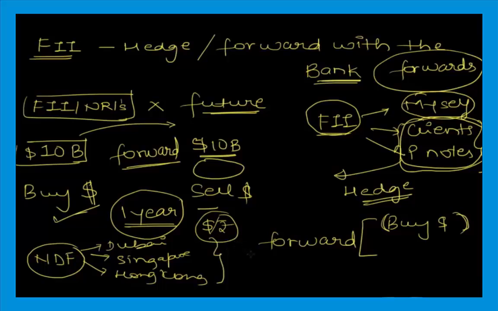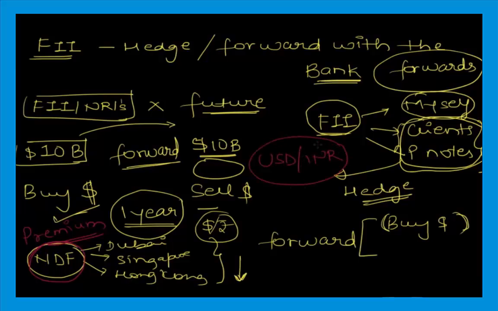Now, because rupee has been depreciating so much, you always had the non-deliverable forward trading at a premium to our Indian USD INR contract on our futures exchange. So what were the FIIs doing?